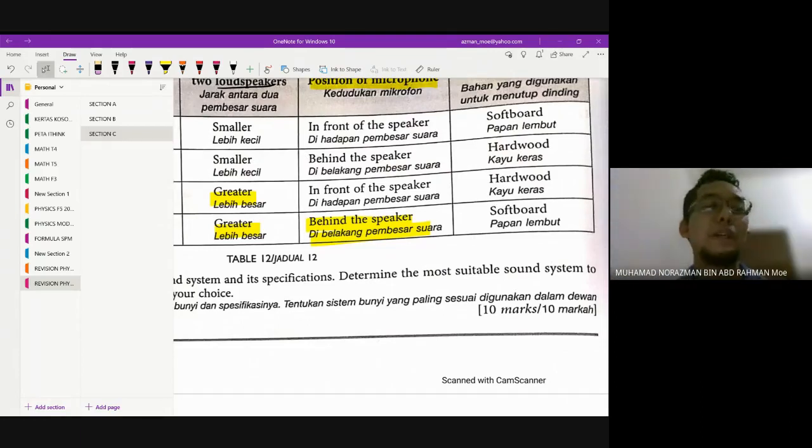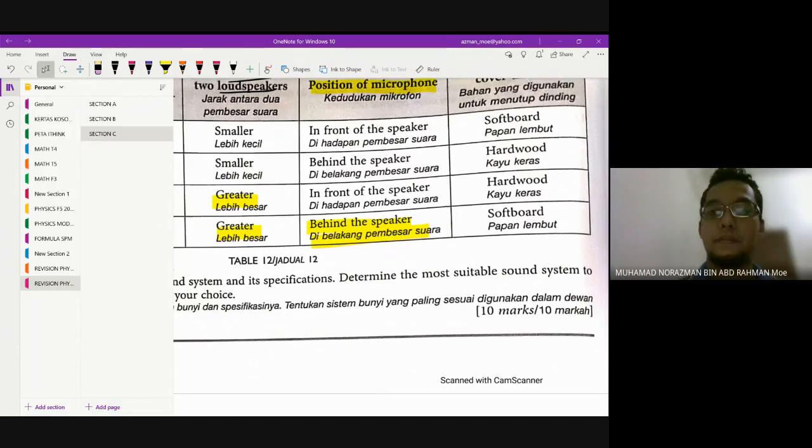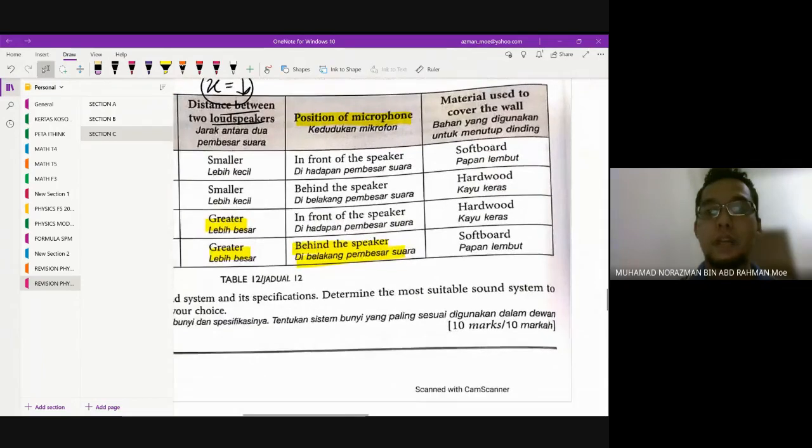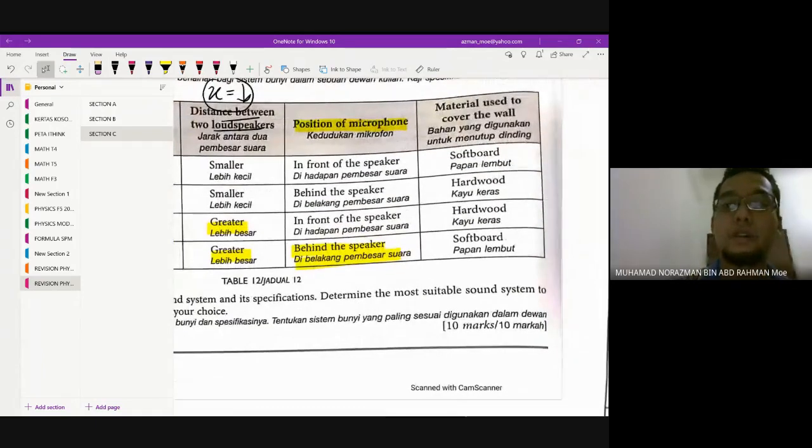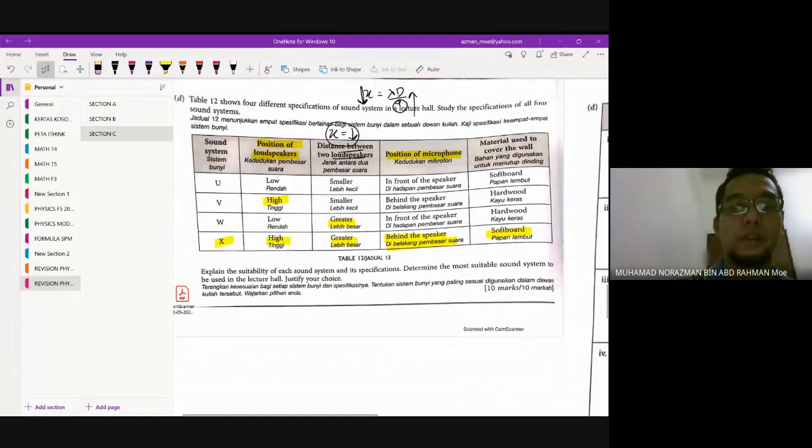That's why when there is an assembly, sometimes you hear that sound, that is a loop. When the microphone is in front of the speaker, that is what happens. And for the material used to cover the wall, we use softboard. So confirm, sound system X.